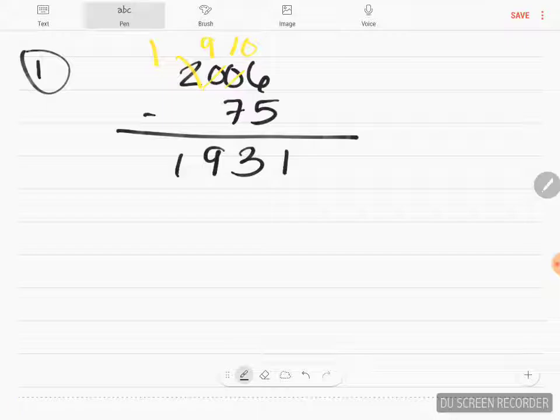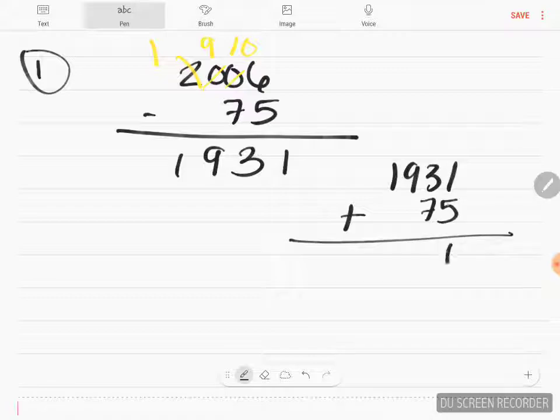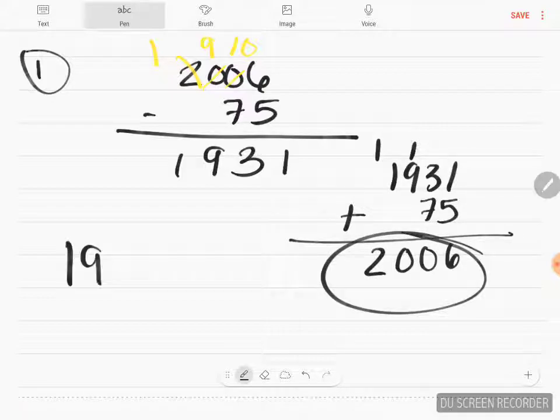To make sure we're right, for 1931, let's add 75 to it. I get 2006. Our answer is 1931.